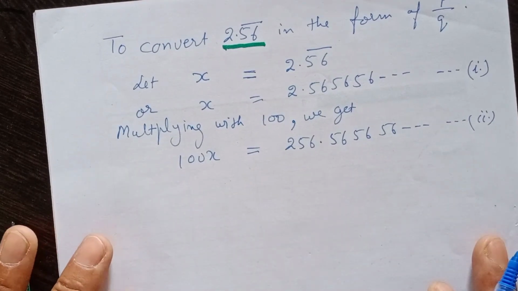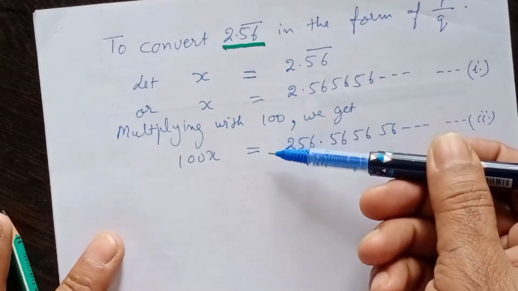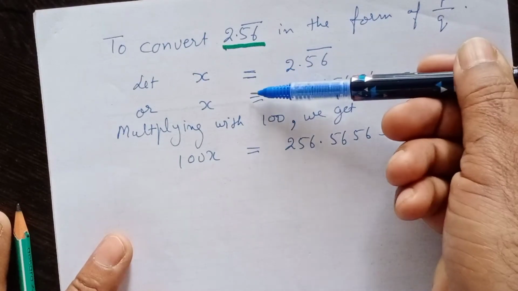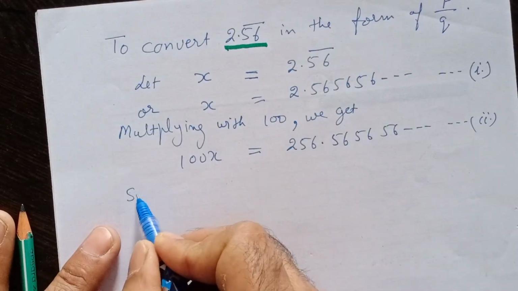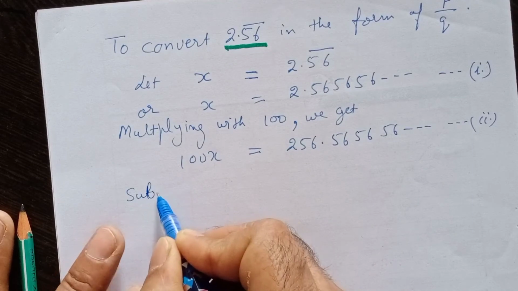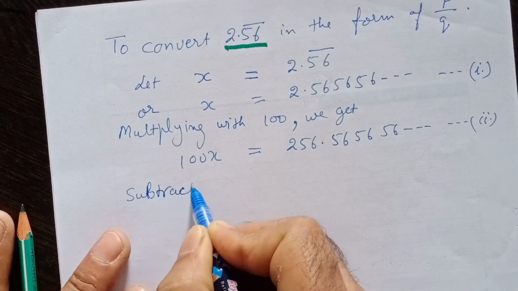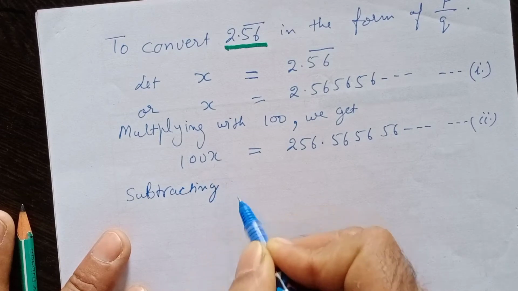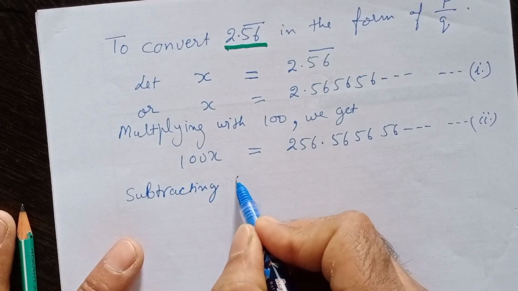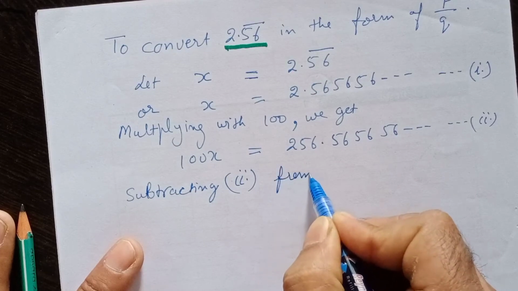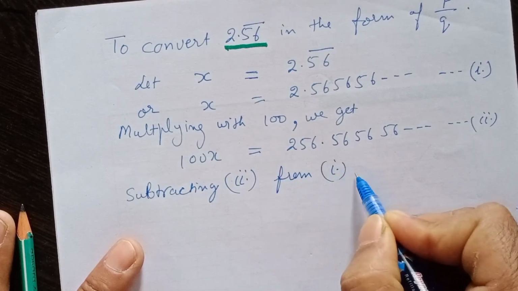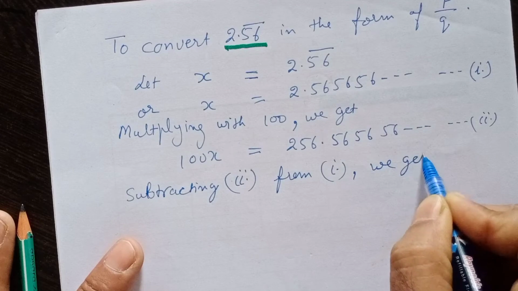Students, what next do we need to do? We need to subtract this equation from this. How shall we write? Subtracting 2 from 1, we get.